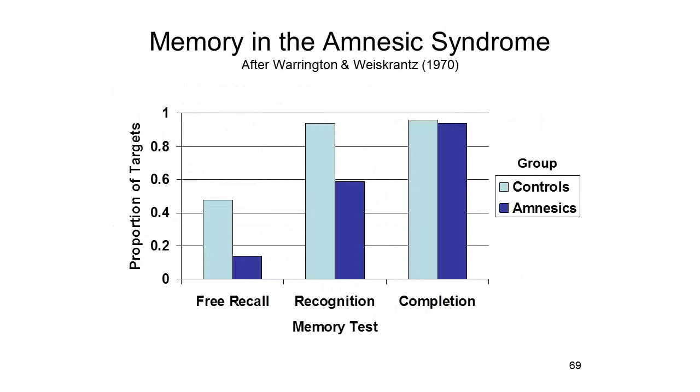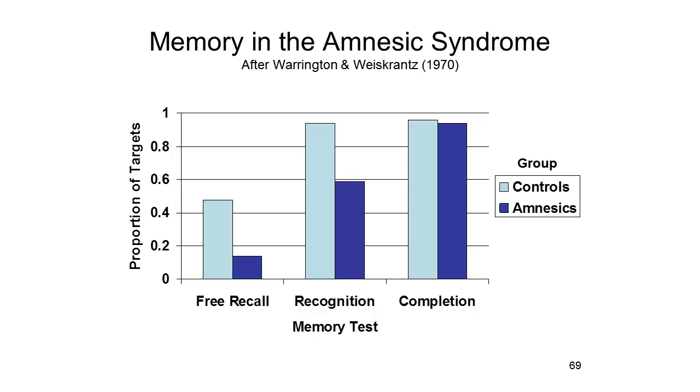Here's the study. It's now a classic in the neuropsychological literature on memory. Compared to non-amnesic control subjects, the amnesic patients showed very poor memory for the list based on tests of free recall and recognition, standard tests of explicit or conscious memory.